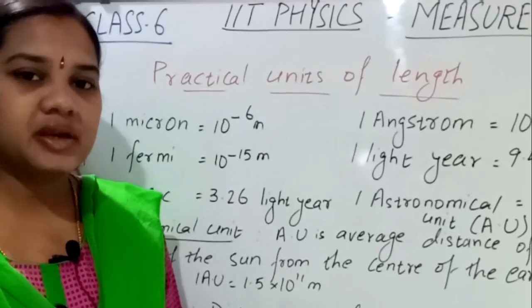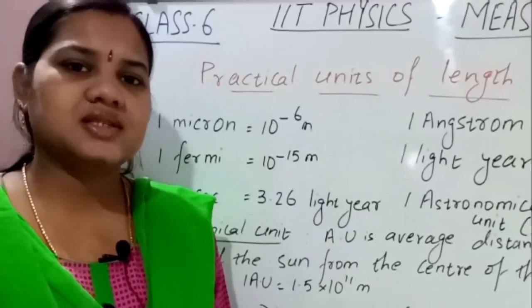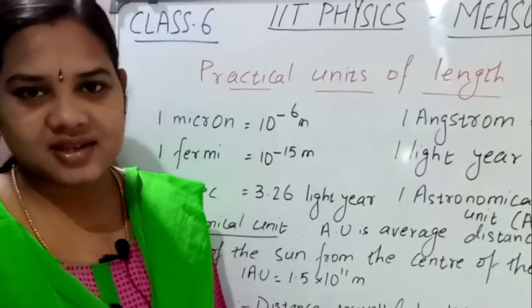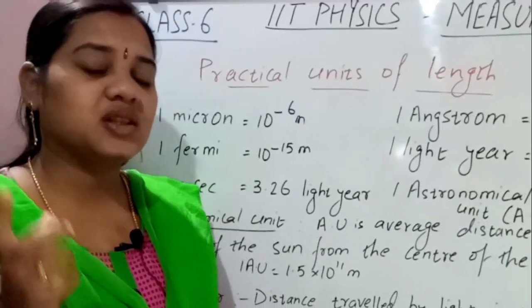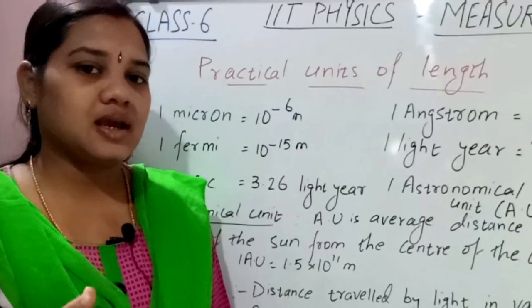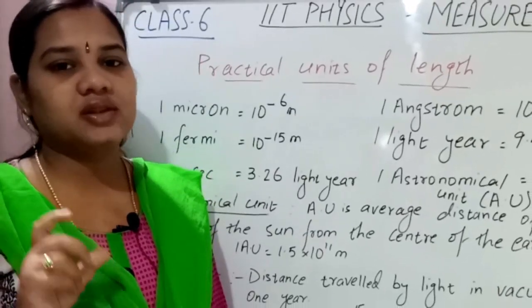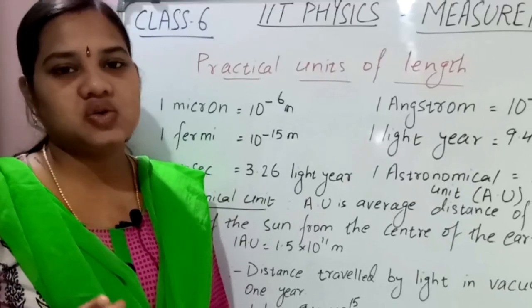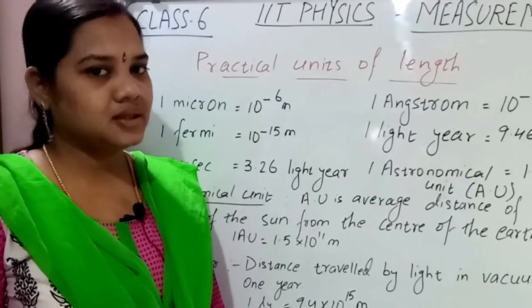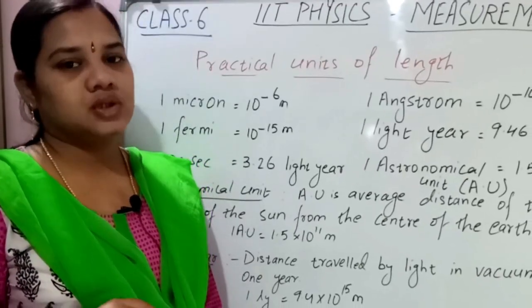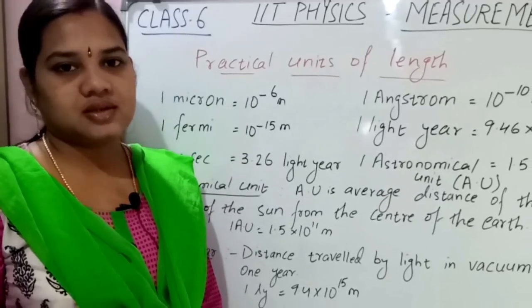We discussed yesterday some factors. The factors with negative powers are used for small measurements. Factors with positive powers are used for big measurements. Clear, children? So today what we are going to discuss?